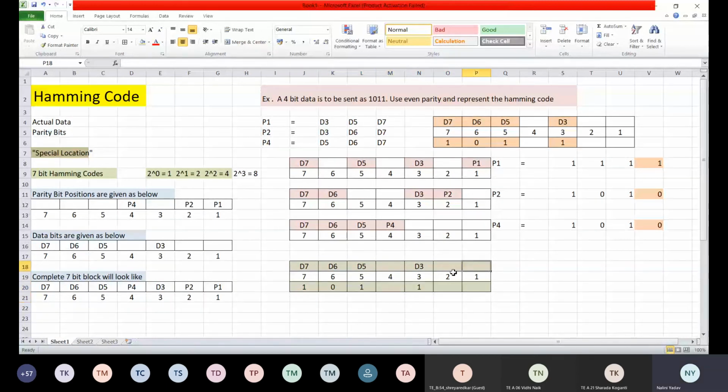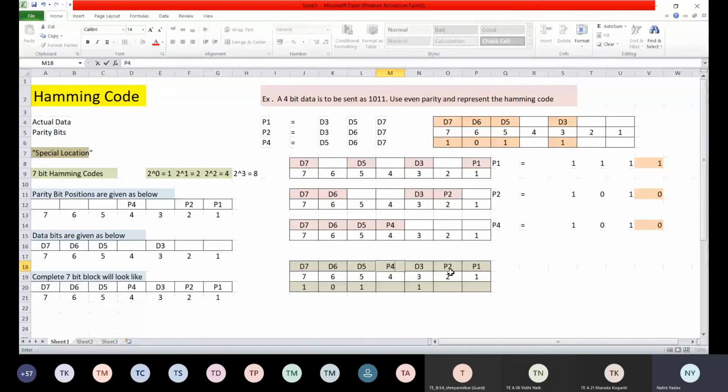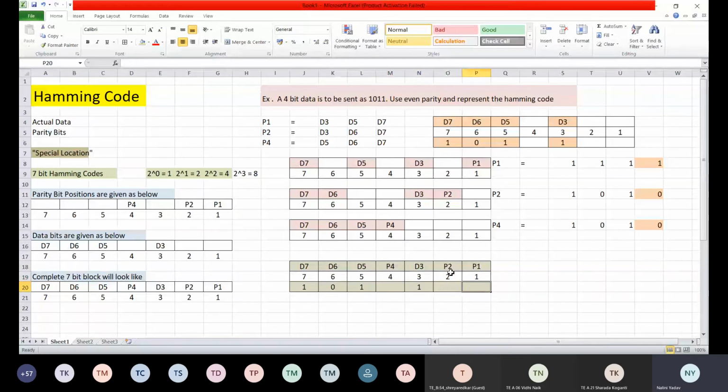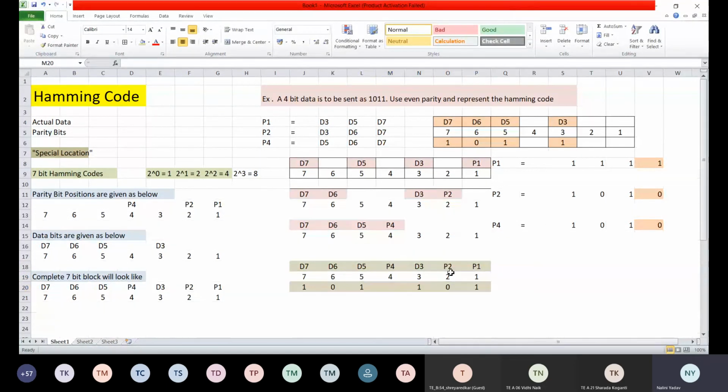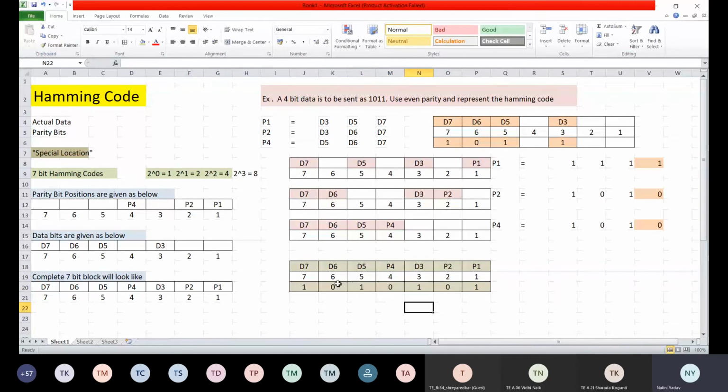So this is my P1, this is my P2, and this is my P4. P1 is 1, P2 is 0, and P4 is 0. So this is my final data which is to be transmitted.